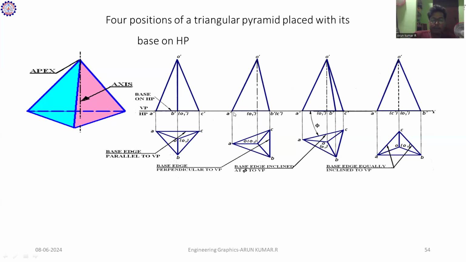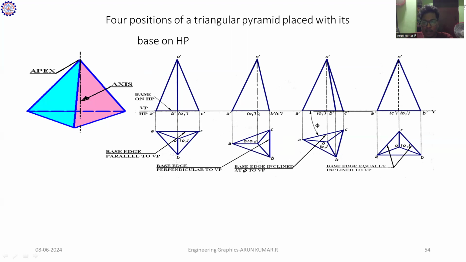Then construct an arc of 25 mm, cutting it to meet at point A. Join all the points. Then draw imaginary projector lines towards the reference line: A comes under A dash, B and C come under B dash and C dash. Then join the center point O.